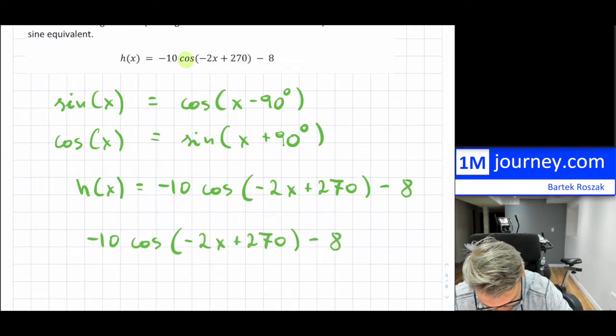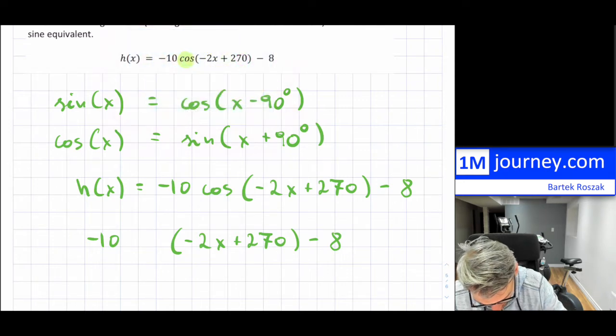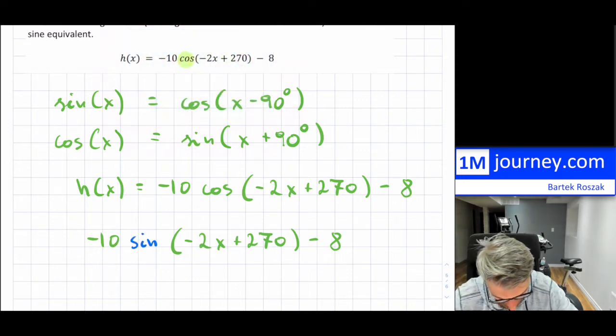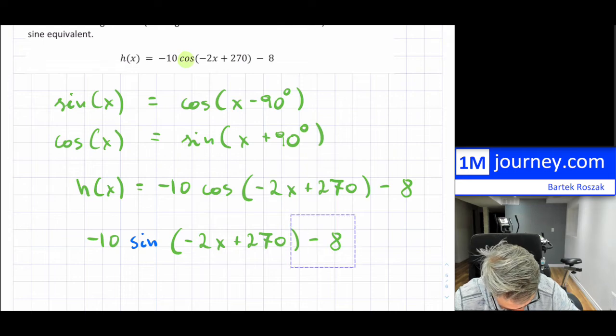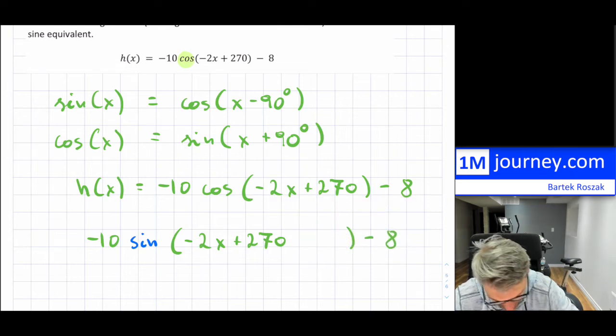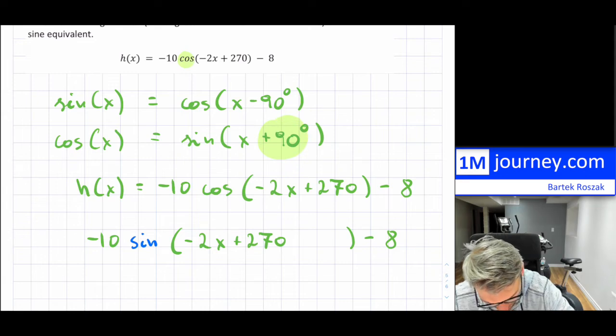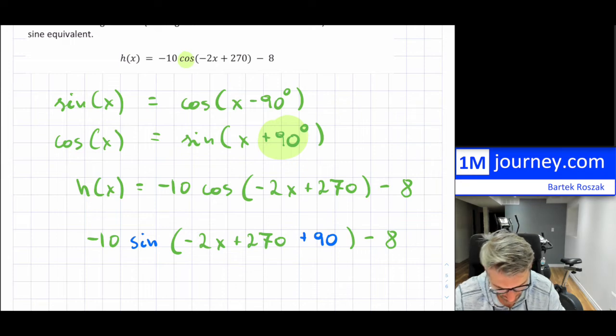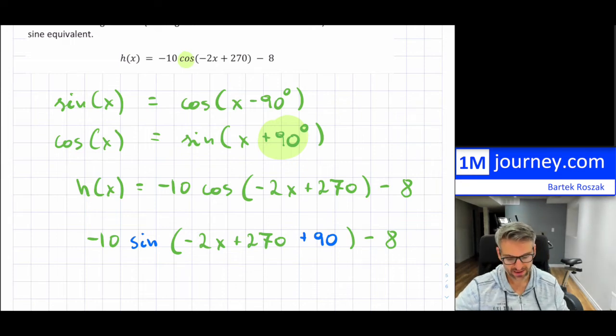It's going to be identical. Instead of cos, you say sine, and in the brackets you shift it by plus 90 if it's in degrees, or pi over 2. And that's it.